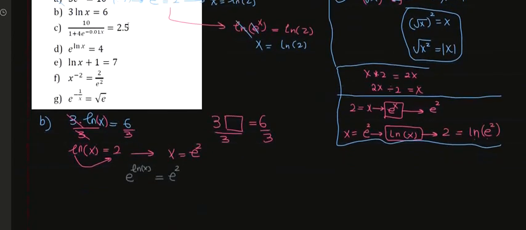Okay, so we took e to the power of ln x and e to the power of 2. What happens to e with ln? They both cancel and the x drops, equal to e to the power of 2. And this is the value. Let's see e to the power of 2.